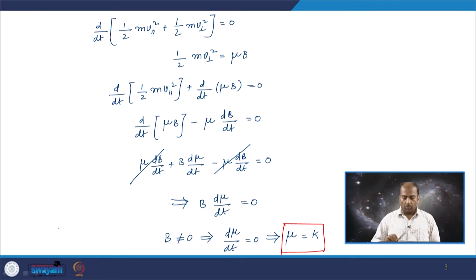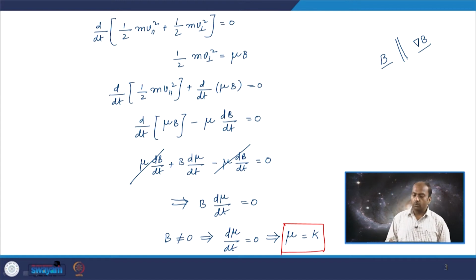The most important thing we should always remember is that there is a magnetic field and there is also a gradient in the magnetic field. In the case of gradient drift, we have seen that the magnetic field and the gradient are perpendicular to each other, but here in the magnetic mirroring case, the gradient and the magnetic field are parallel to each other. So, this kind of field allows particles to be trapped.